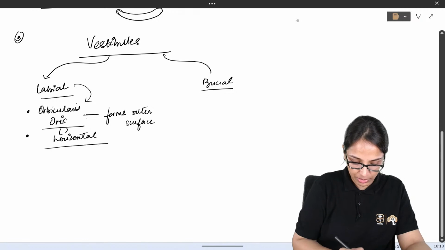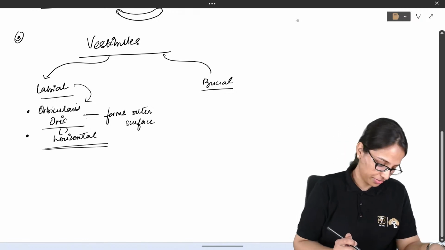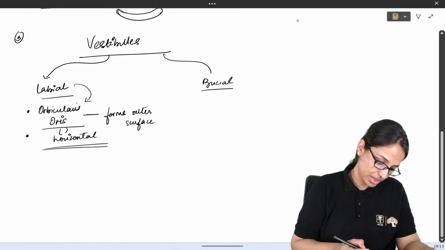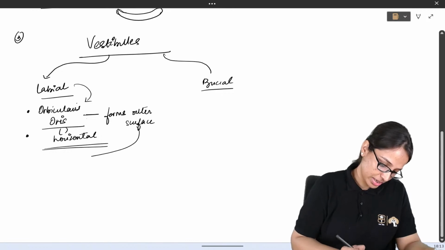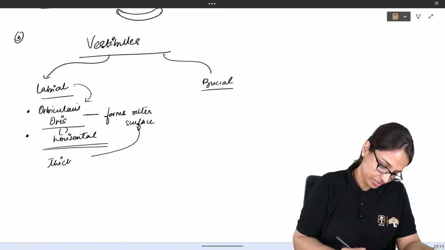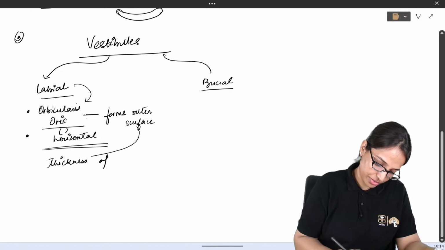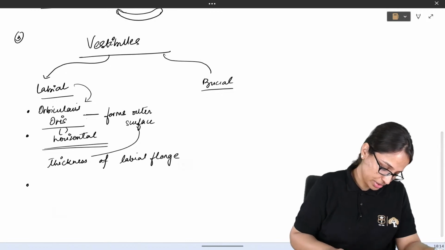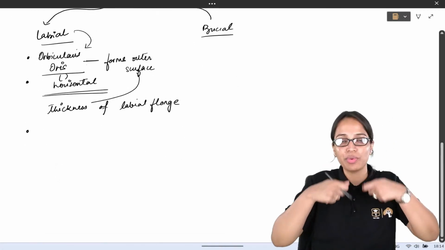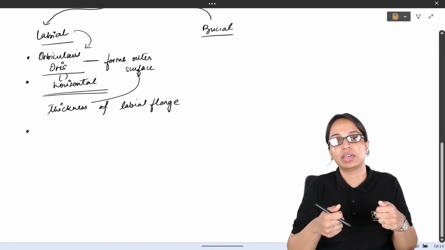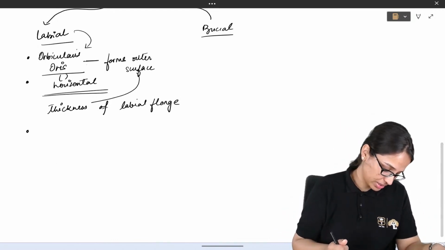The horizontal fibers affect the size or thickness of the labial flange. So when we are doing our border molding procedures, we need to mold our upper lip so that the correct thickness of our flange is attained.